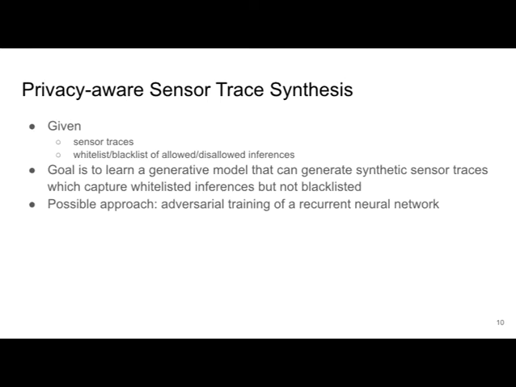So the generator and the adversary are essentially engaged in a game. I will say, I have learned how to generate, here is a sample, and you will say, no, I can detect with high accuracy that this is not from the population, and we engage until we both converge. Now, that has been done for a pure generative setting. The idea here is that you can now think of a bunch of adversaries, some for whitelisted inferences, some for blacklisted inferences, and you're trying to find an equilibrium between them, a privacy utility balance.